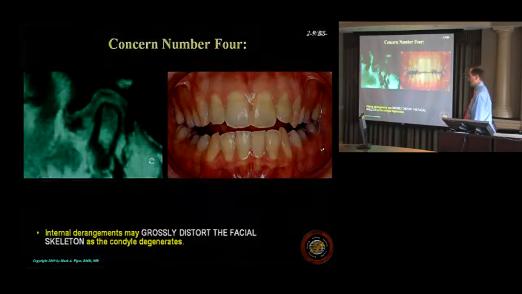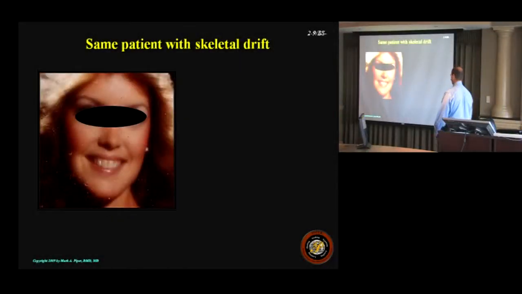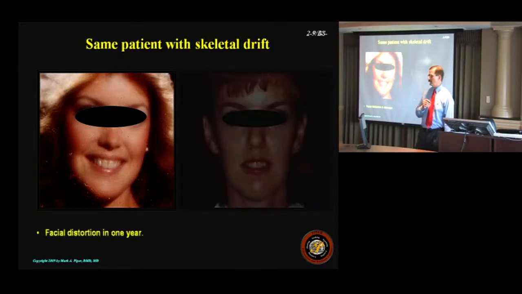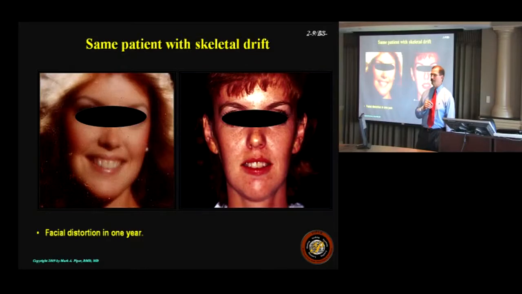But the face changes, and the facial change, you could take a patient who starts out with good dimension in the TM joint, and as they lose vertical dimension in the joint, the distortion of the joint creates an elongation of the front of the face. All right, 1 year later, this lady degenerated her temporomandibular joint.